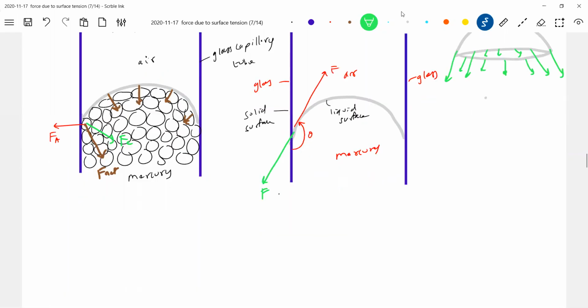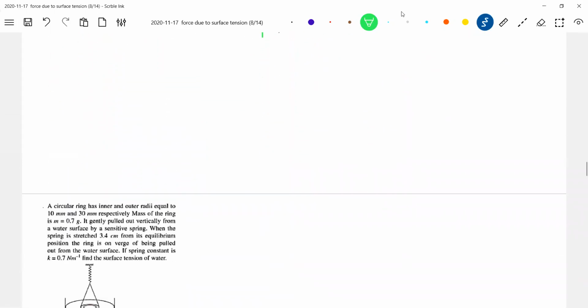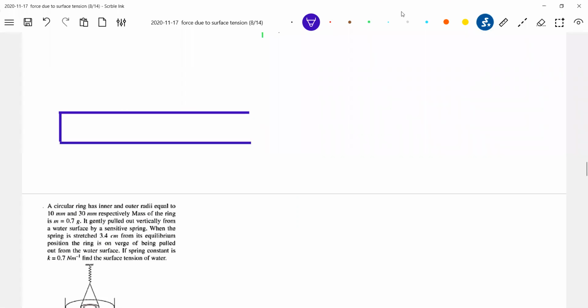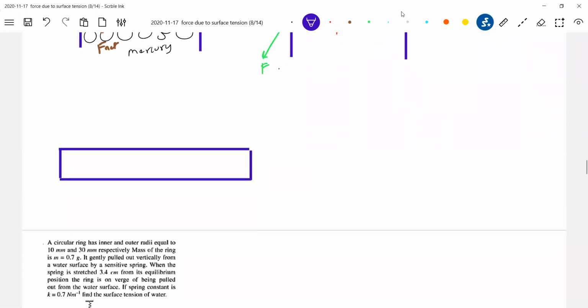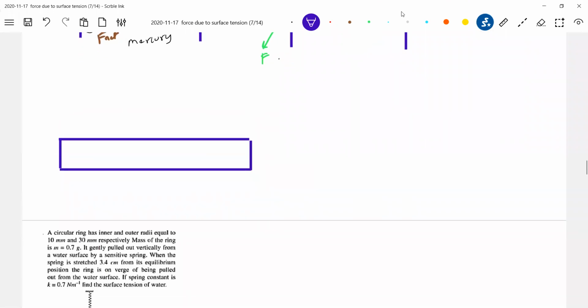So now let me place this mercury drop on a flat glass plate. The mercury will take a shape like this.